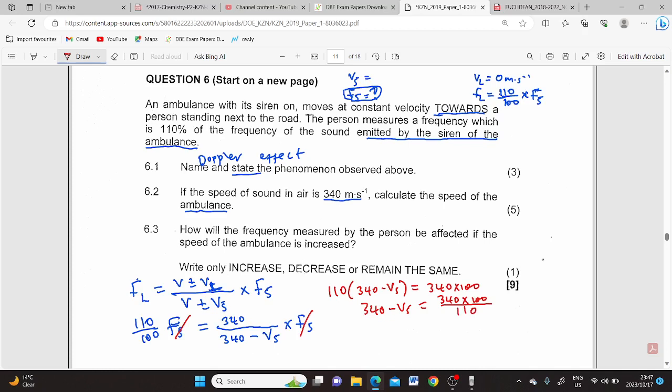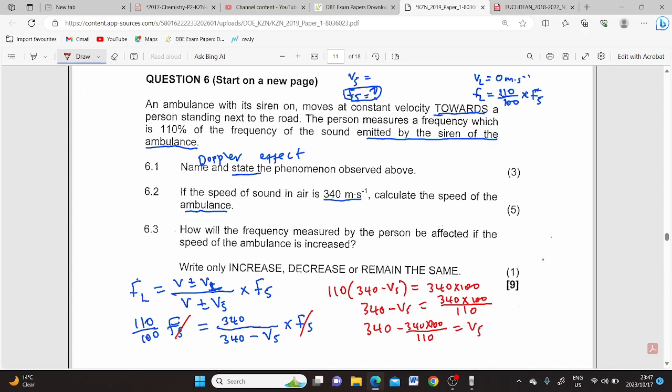So we can have 340, then we bring this to the other side, minus 340 by 100 over 110 equals the speed of the source, Vs.